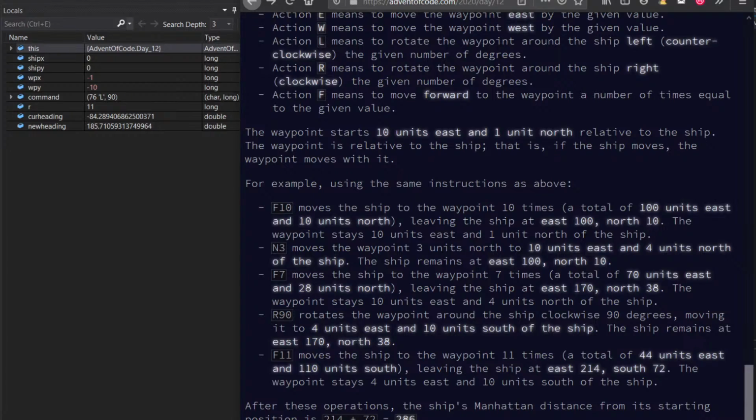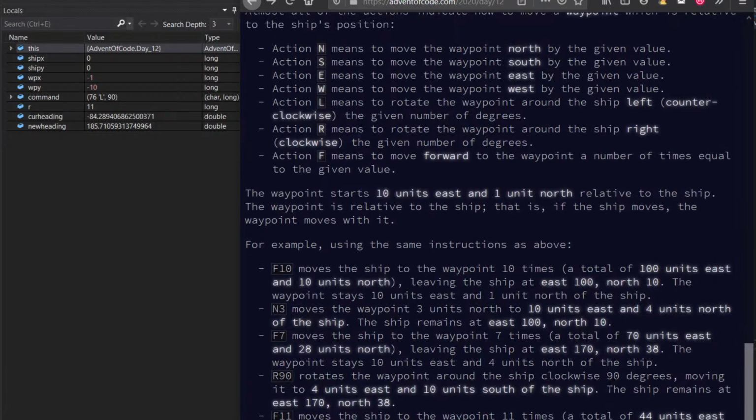Let's see. F11 moves the ship to the waypoint 11 times. Move forward to the waypoint a number of times equal to the given value.